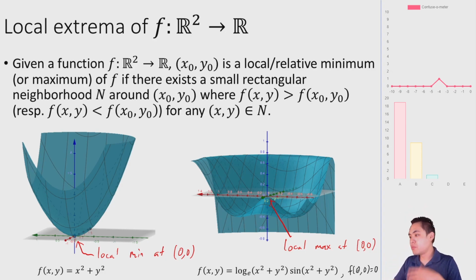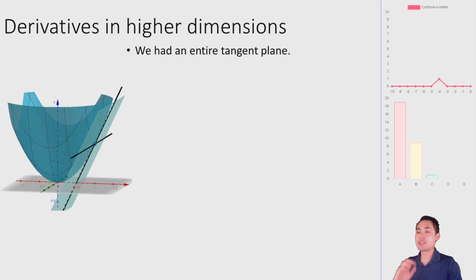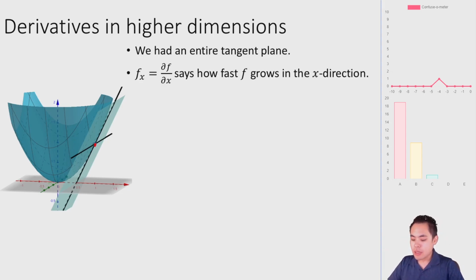So now, we need to remember what derivatives are in higher dimensions, right? So remember, when we have derivatives in higher dimensions, there are a couple of different important facts about them. So the first thing is we had an entire tangent plane. For every single point, so if we pick a point here, we had an entire tangent plane to the surface at that point. And f sub x, or partial f partial x, says how fast f grows in the x direction.